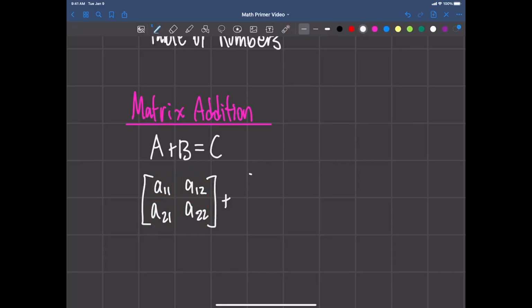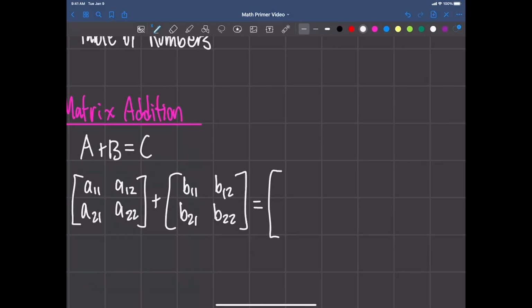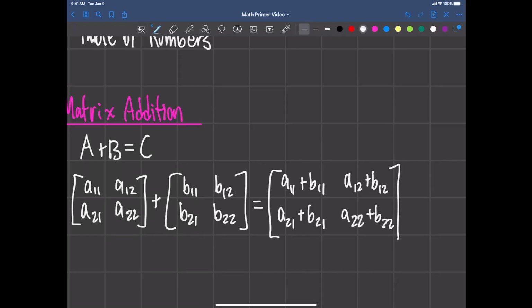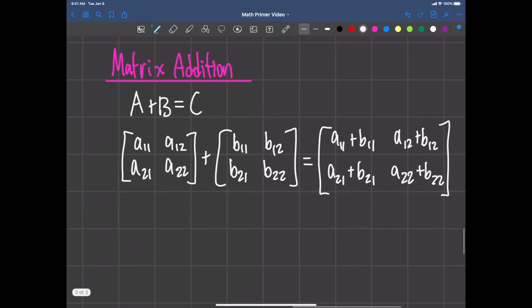And we add it with B11, B12, B21, B22. The result would just be A11 plus B11, A12 plus B12, A21 plus B21, and A22 plus B22. We just add them element wise.